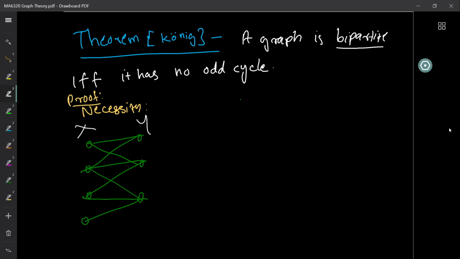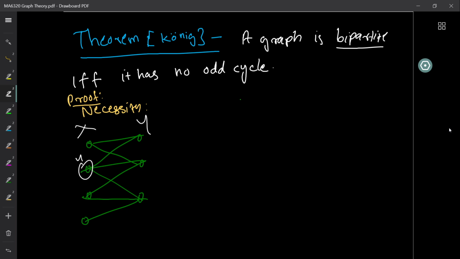Why is that? For any closed walk, you have to start from some vertex. So let's take any arbitrary vertex, let's say u. Now from this vertex u, to make a walk, you have to go through edges, at least one.